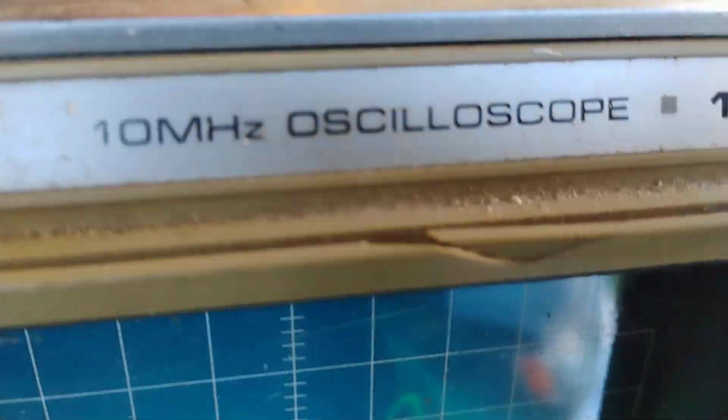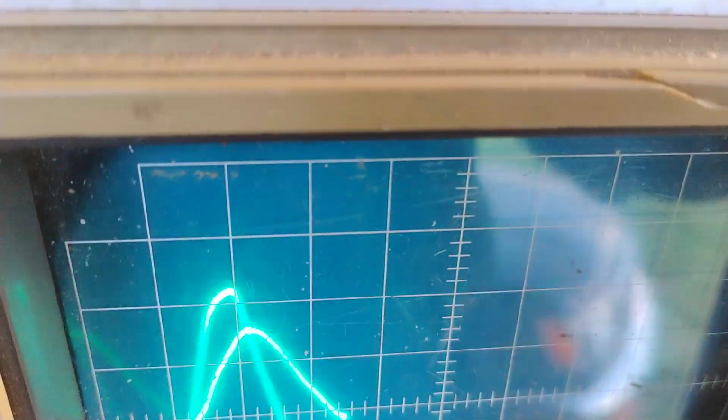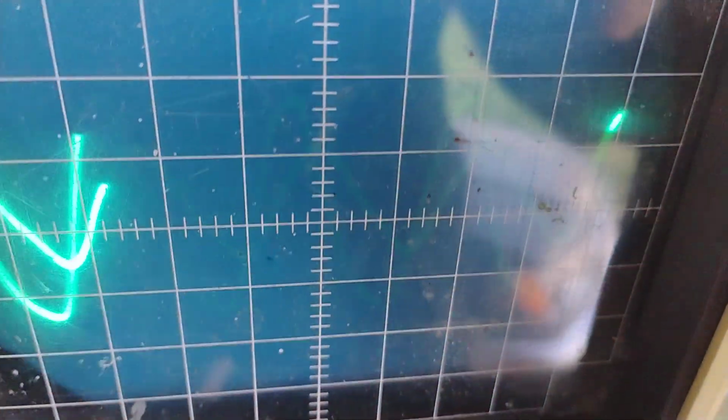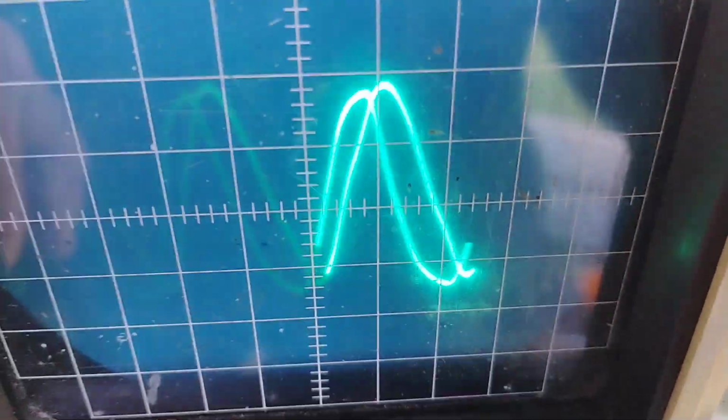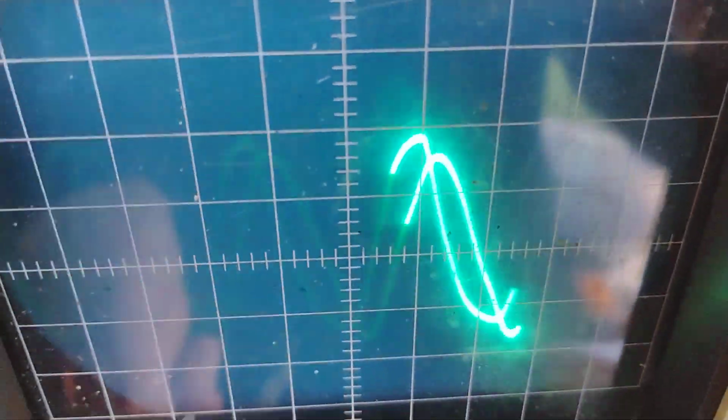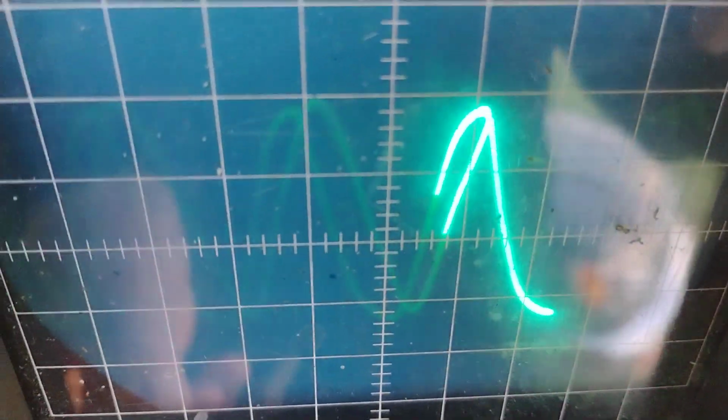Okay, now we got something going on. Now, this is with just the, there we go. This is the current here. Notice the voltage is leading the current.